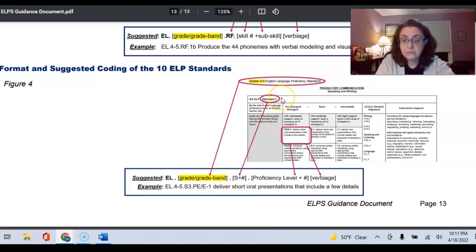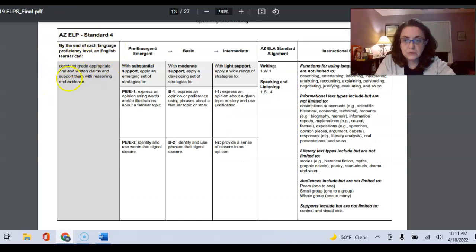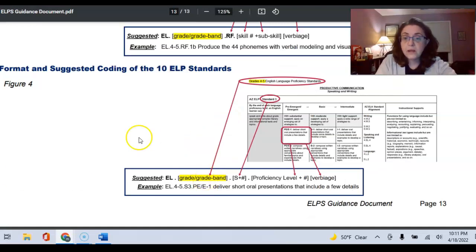So this standard, the one in the left corner there. Now this part here is just the general one. This is just the general idea of what the students are going to be working toward as ELs. This is the breakdown. This is what I want to see on your lesson plans, the breakdown. That's what administrators are going to expect you to understand and know when you're teaching. They are picky about it.